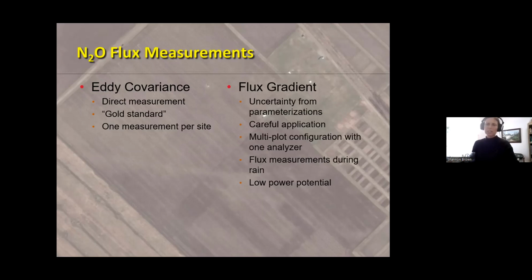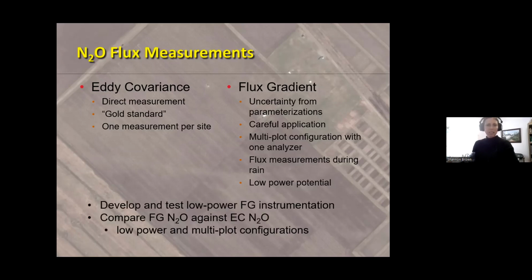Most sonic anemometers don't measure during rain periods, and this is important for N2O measurements because often those emission periods occur during rain events. Also, with the currently available instrumentation, there is potential to measure using a low amount of power.